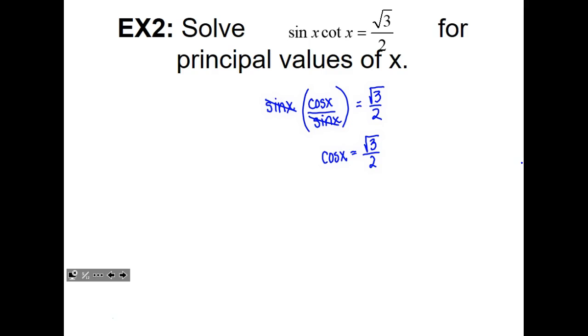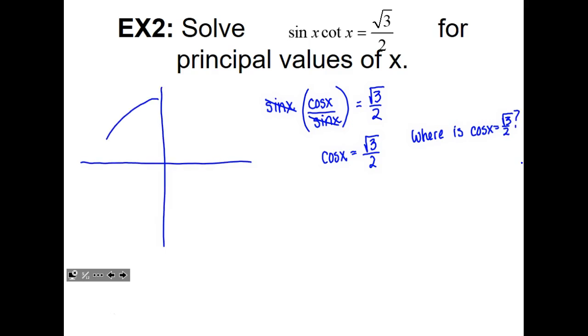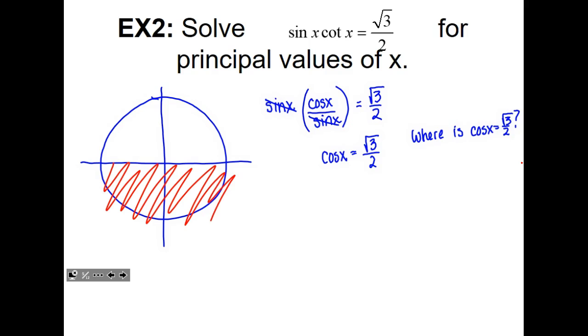And so now I'm doing cosine inverse here. I'm thinking, where is cosine x equal to square root of 3 over 2? And again, we're cosine, so we're not looking in that second or third or fourth quadrant. We're only looking from 0 to 180.